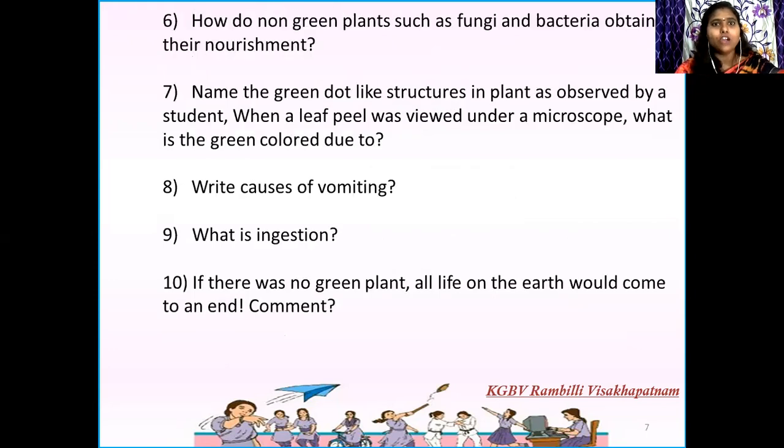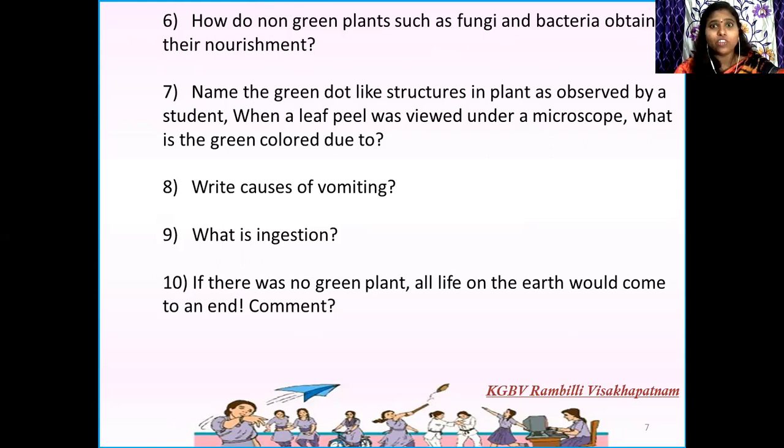Next question is, how do non-green plants such as fungi and bacteria obtain their nourishment? You know very well, those are saprophytic. Fungi are saprophytic and bacteria also. They are depending on others.